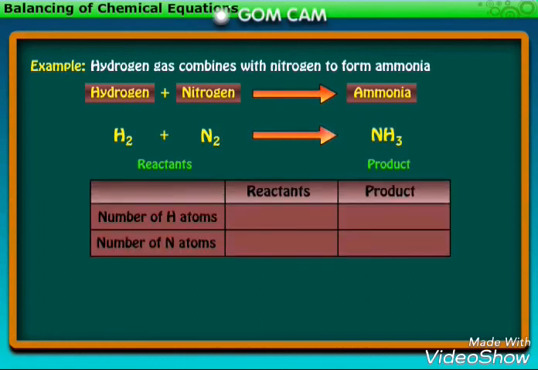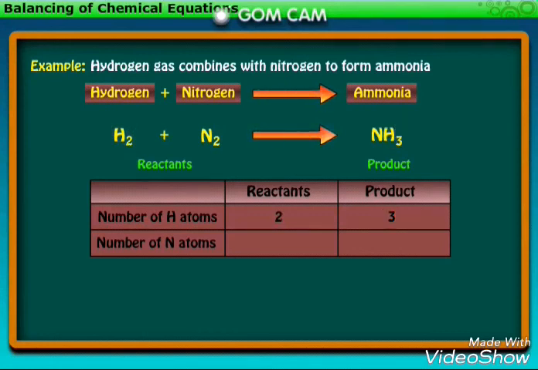Let us count the number of hydrogen atoms and nitrogen atoms in reactants and product. From this, we observe that the number of hydrogen atoms in reactants is 2, but in product it is 3.